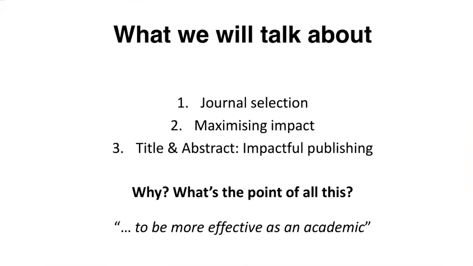And then I'm going to give you some hints and tips and tricks for your title and for your abstract, ways that you can structure your article, ways that you can set up your paper to ensure that it has the highest possible chance of eventual acceptance after peer review, of course, in a high impact factor journal.